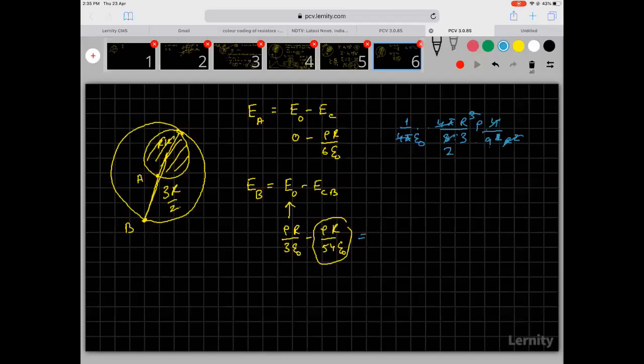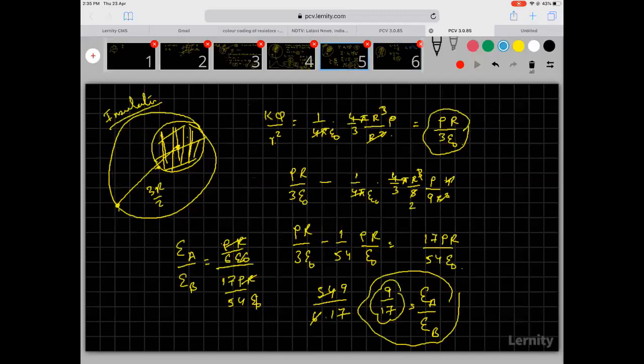So think about this for some time, how I worked it out. Take some time, digest the question, and then work. The question was: consider a sphere of some radius r, which has a uniform volume charge density.